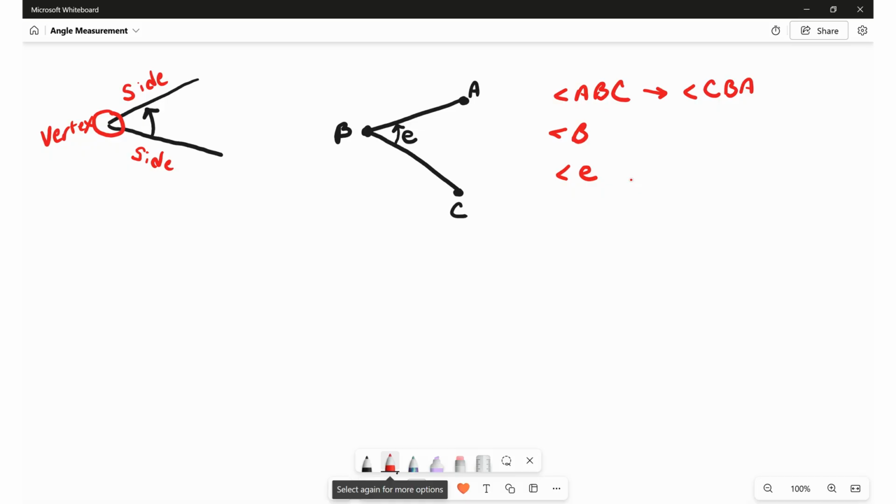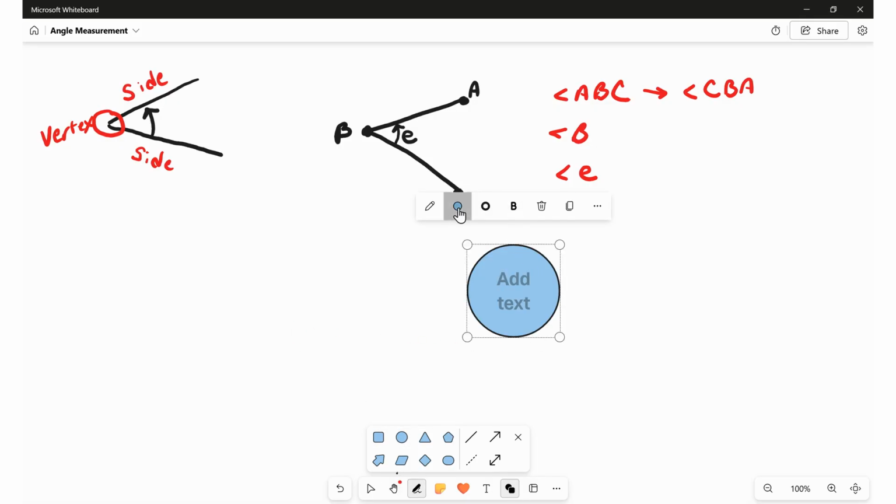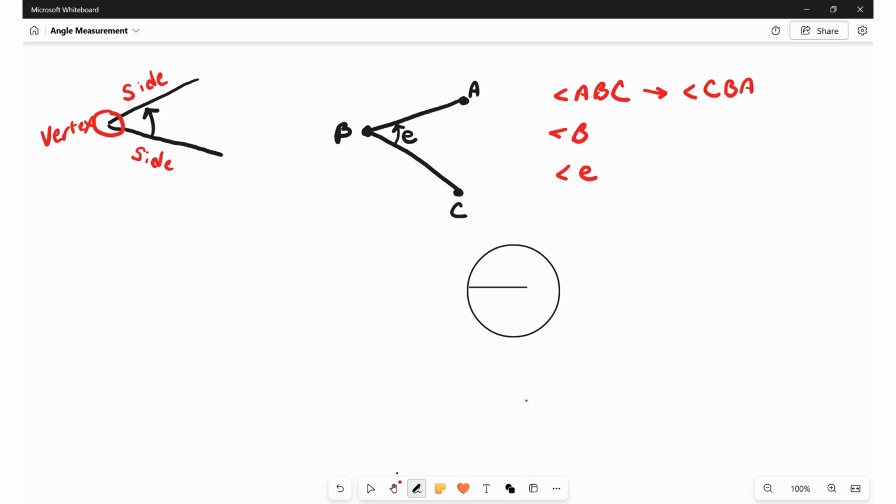Now, something to consider here is where angles got their names from.